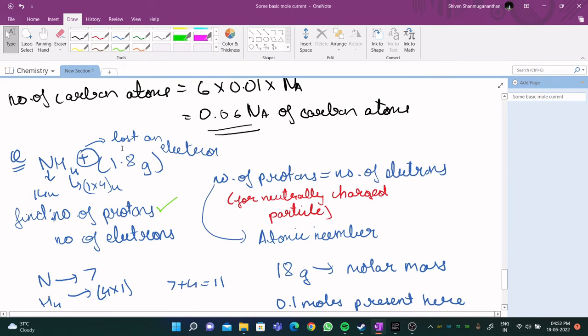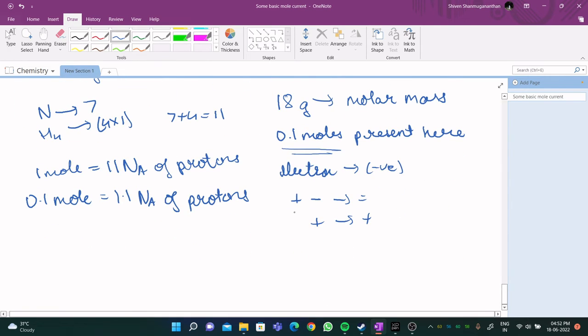Now focus on the part where we said it lost an electron. In a neutral particle, the number of electrons would be equal to the number of protons.